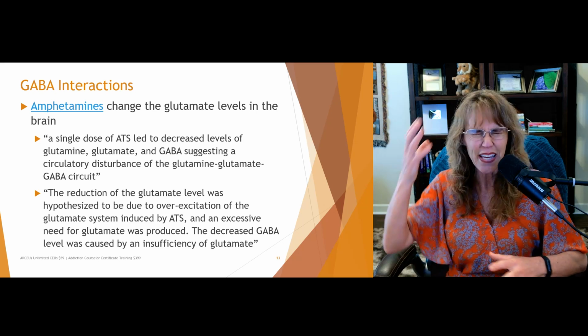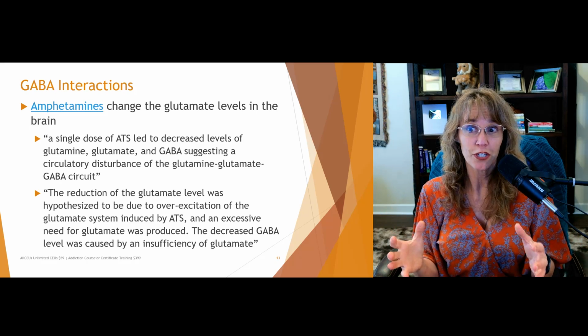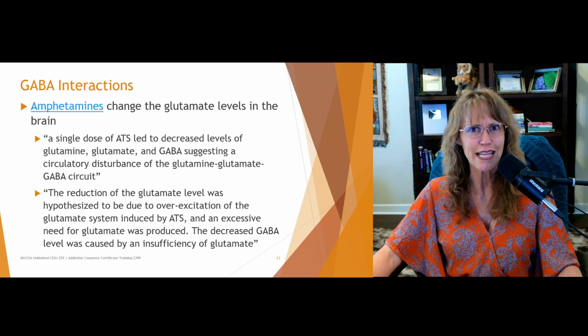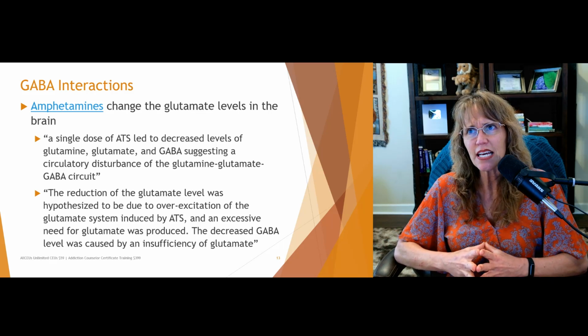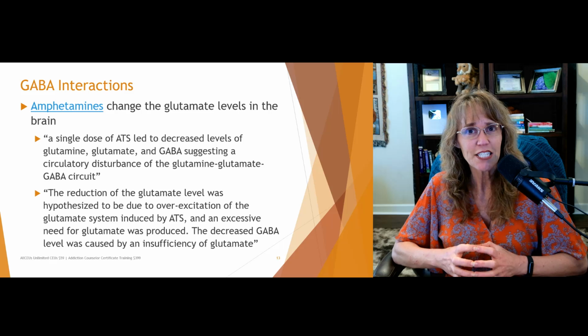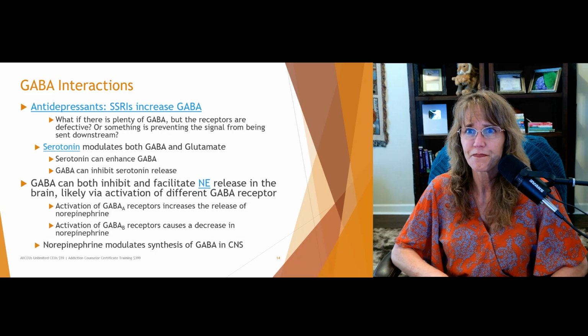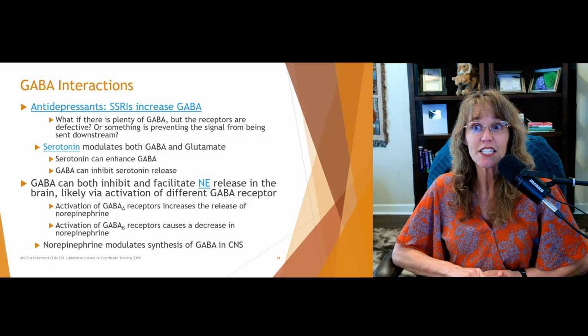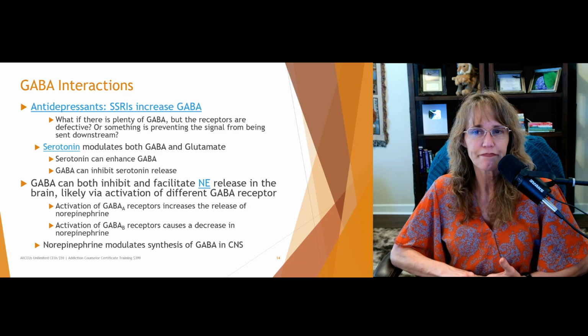And for me, I'm very much a visual learner. So I had to sit down and actually chart this out, and then it made sense to me. But it actually does make sense from a survival perspective. Antidepressants, specifically SSRIs, increase GABA.